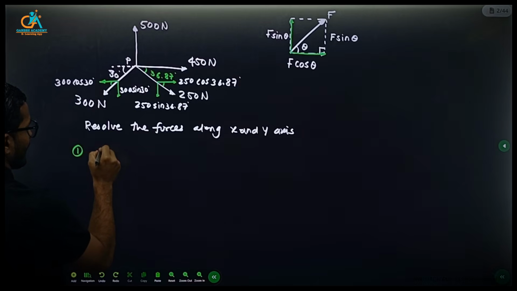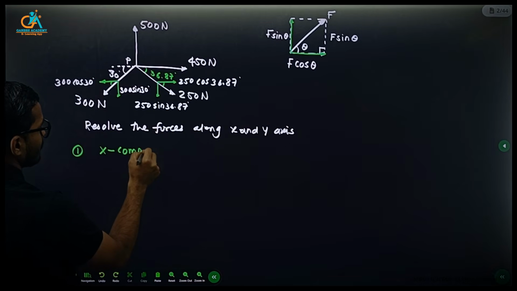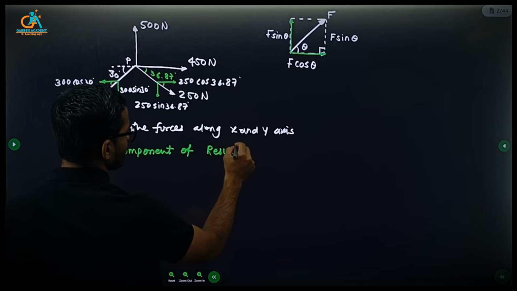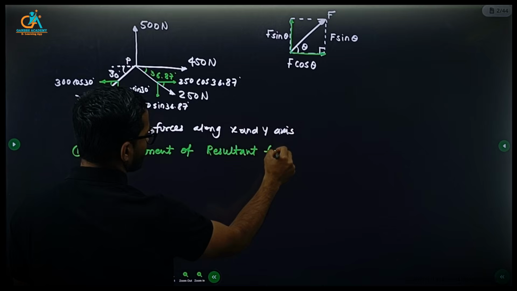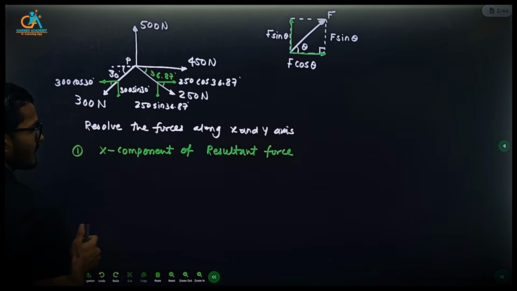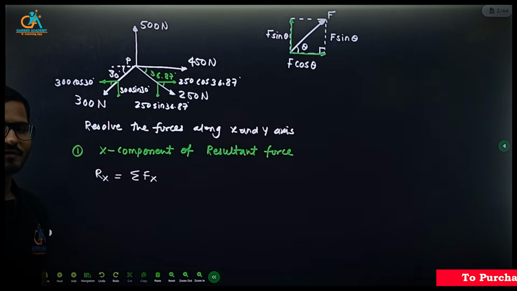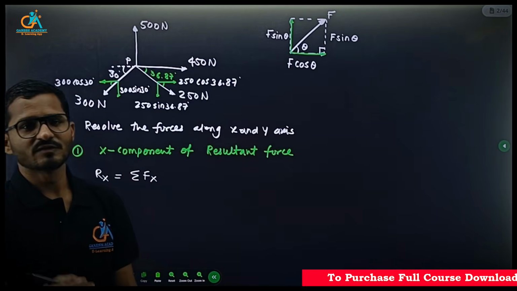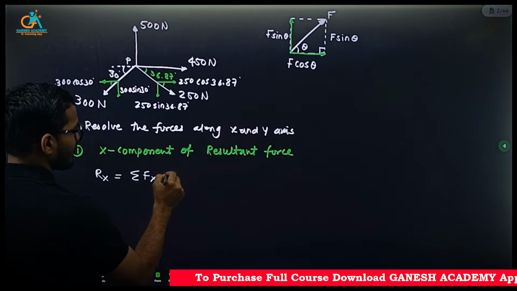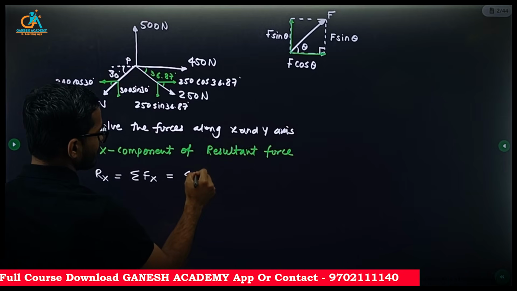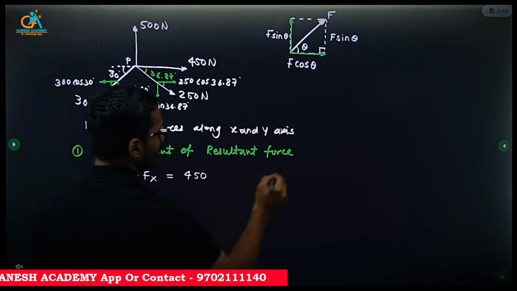So x component of resultant force, and it can be denoted as Rx, and that is equal to what? Algebraic sum of x component of all the forces acting on the point P. The first is horizontal force towards right, 450 Newton.